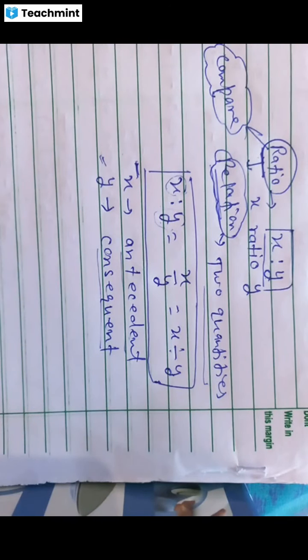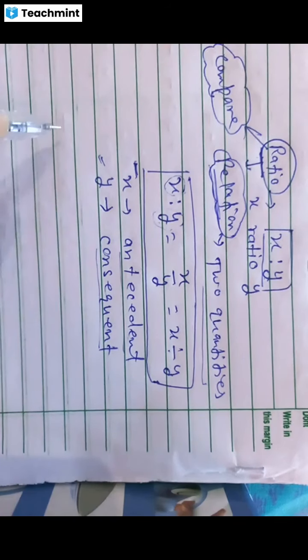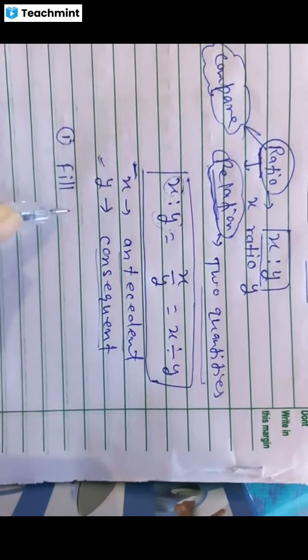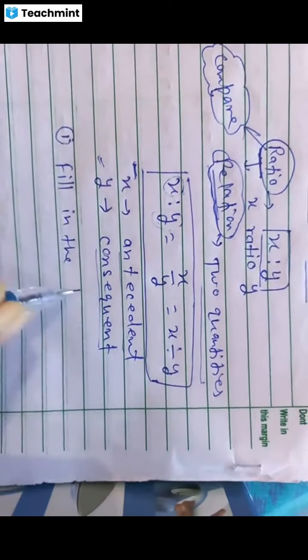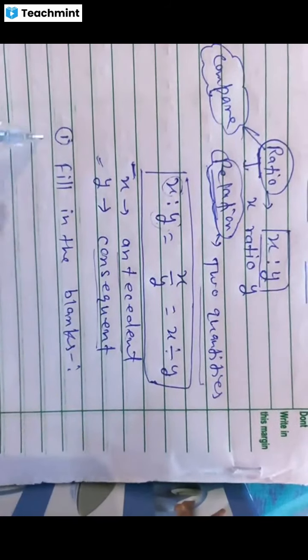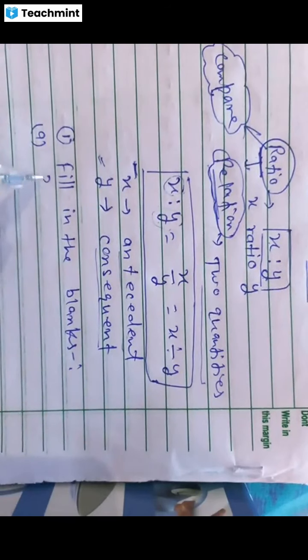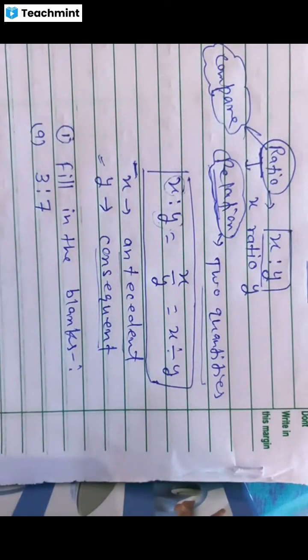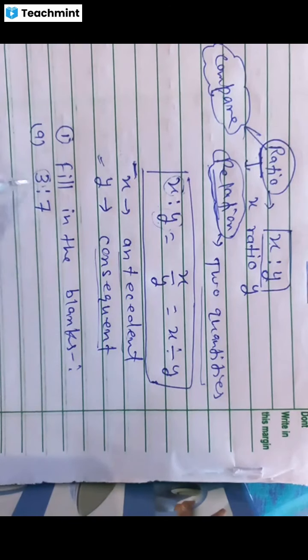Okay, now we start the exercise. Look at question number 1. In 1 you have to fill in the blanks. In A you can see 3:7. The antecedent, I have already told you, is the first quantity.